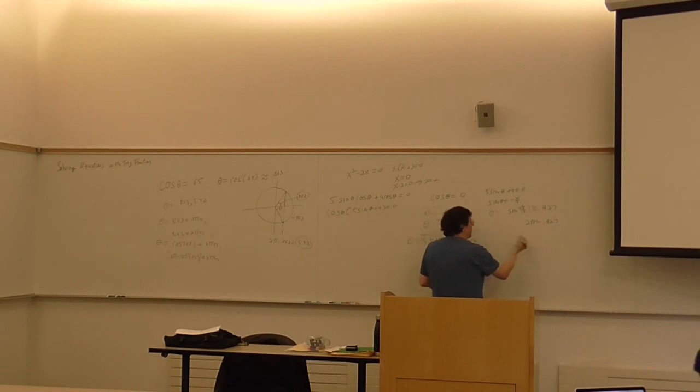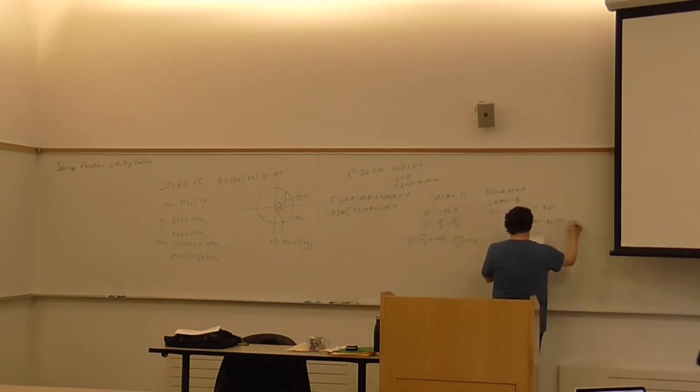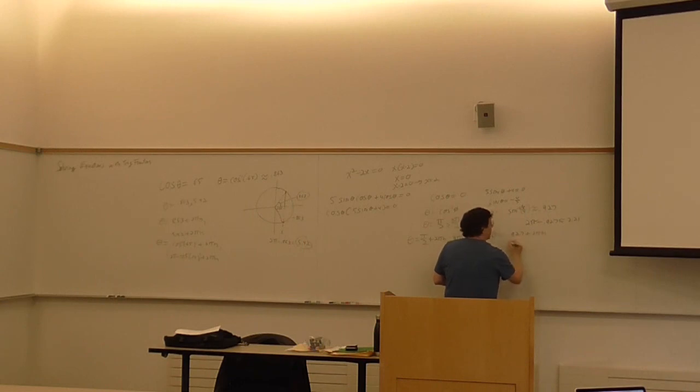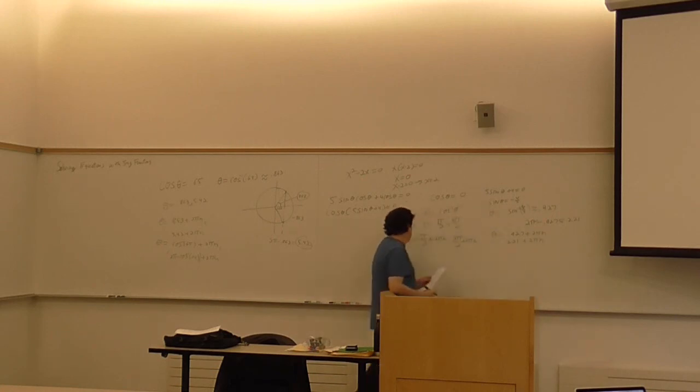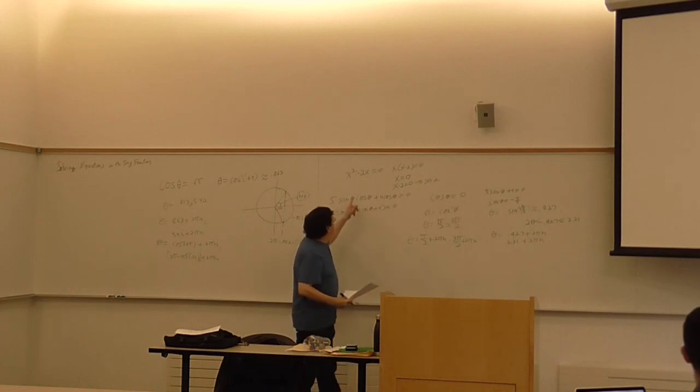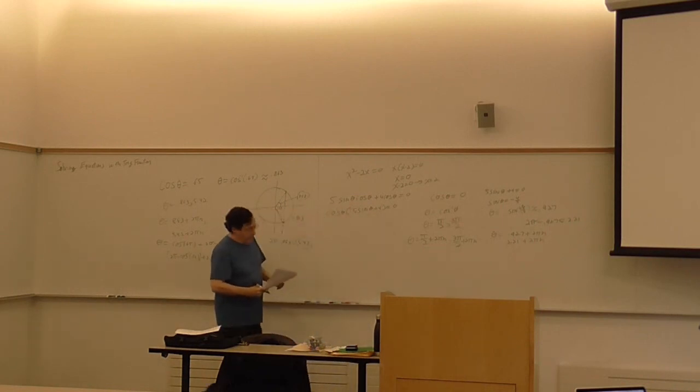So this is approximately 2.21. So we end up with all these solutions, 0.927 plus 2 pi n and 2.21 plus 2 pi n. So we have all of these as solutions to this equation.